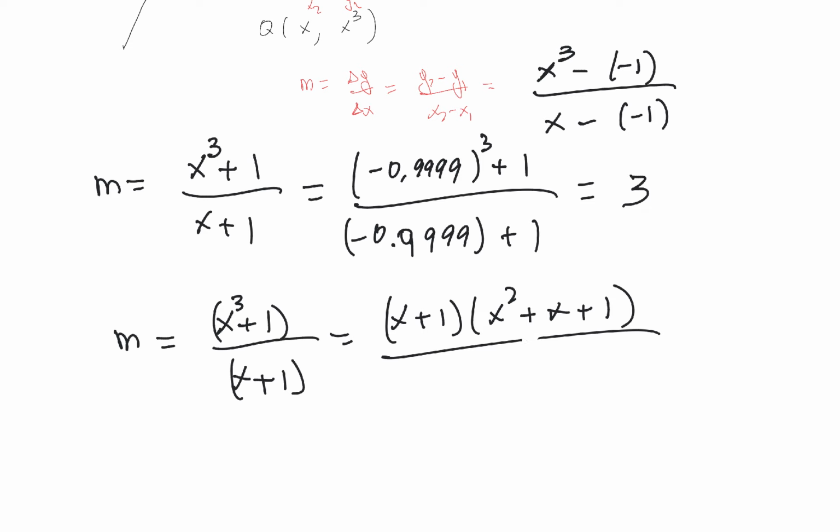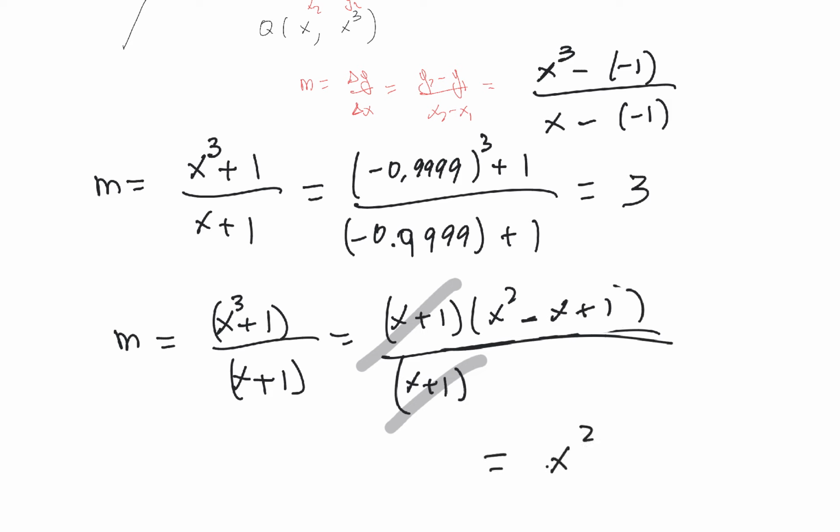So x cubed plus 1 is x plus 1 multiplied by x squared minus x plus 1, divided by x plus 1. Now there is a cancellation here, so this will be equal to x squared minus x plus 1.